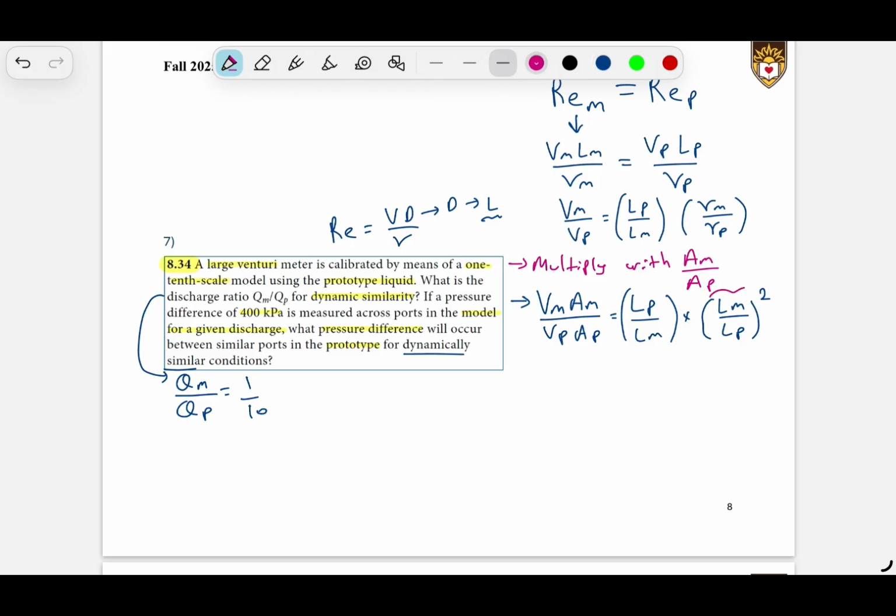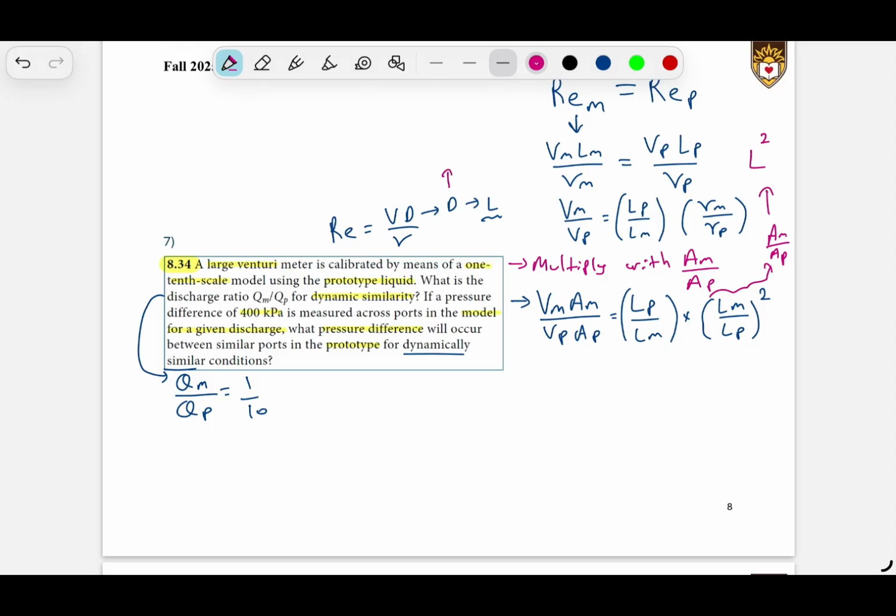So this basically represents area of M divided by area of P. This is because we took L as the main dimension. So the area of L will be L square. So it will not make any difference.